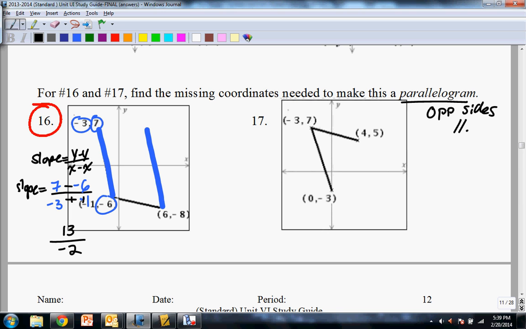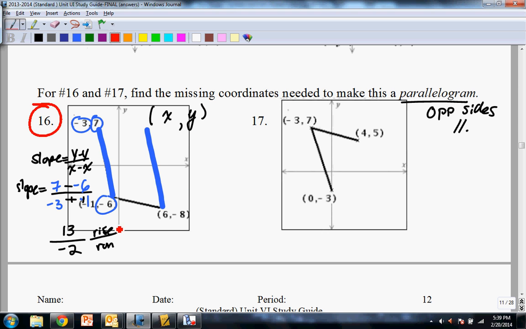So 13 over negative 2 is my slope here. Now remember, this is rise over run. So whatever my x and y coordinate, it has to create a slope of 13 over negative 2.